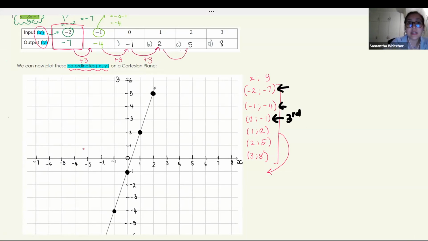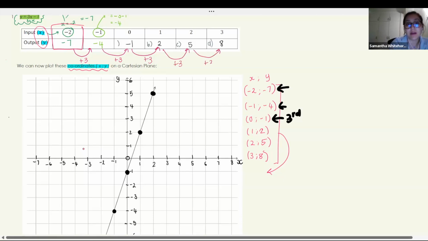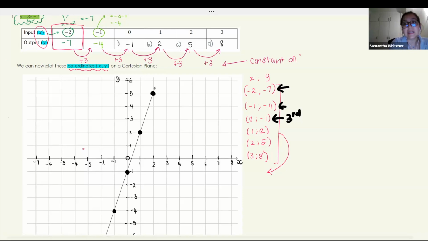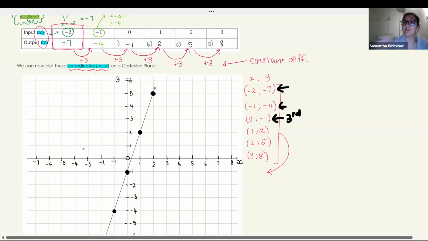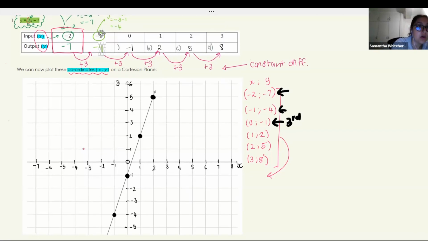Hopefully what we're seeing is that we have a constant pattern that I'm applying. This is what we call our constant difference. Basically, we are adding exactly the same value to get from one y value to the next. We see this in the equation, where the coefficient of x is also 3. That's showing that I'm adding 3 each time.